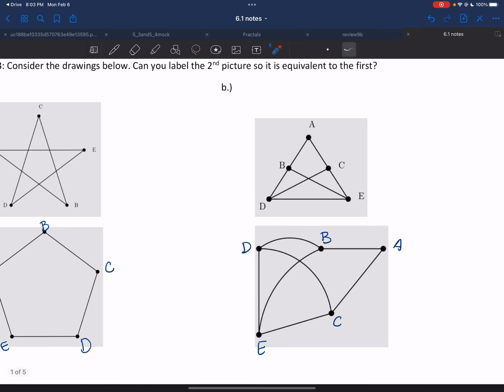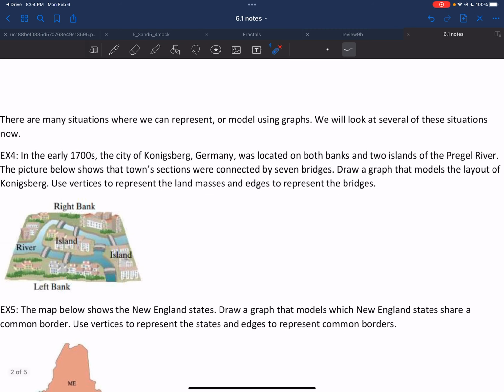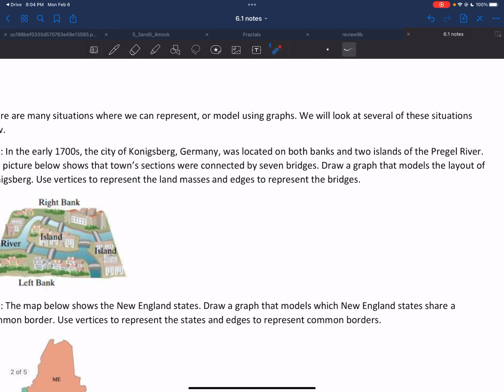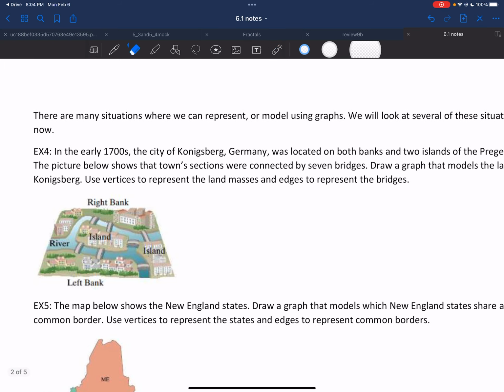Okay? All right, let's take a look at some of these other situations where these things are representative of specific examples. All right. There are many situations where we can represent or model using graphs. We will look at several of these situations now. Example 4.